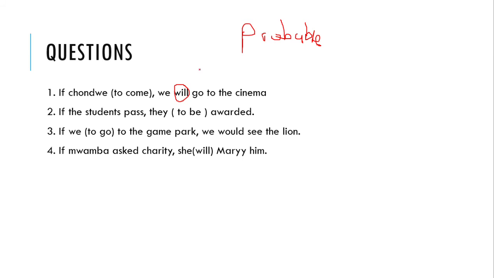Then go to the pattern. How is the pattern for the likely condition? So you remember to say, okay, according to the perfect tutor, here he said the pattern is that in the if clause there should be the word if plus present simple. Present what? Simple.